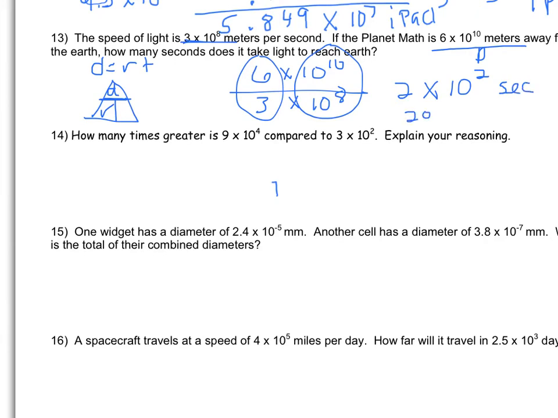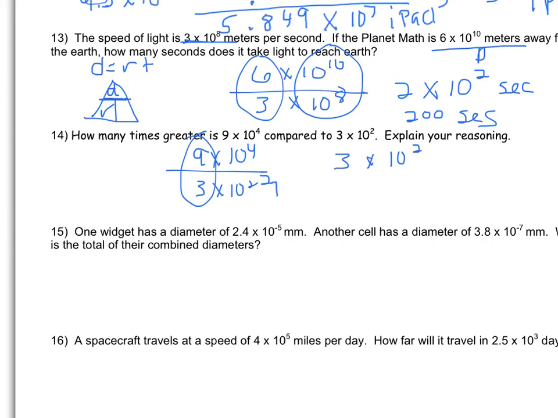So 200 seconds. How many times greater? So we are dividing 9 times 10 to the 4th divided by 3 times 10 squared. 9 divided by 3 is 3. We're dividing powers with the same base. You subtract, so 4 minus 2 is 2.